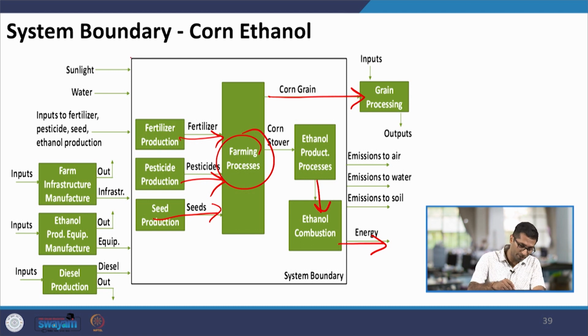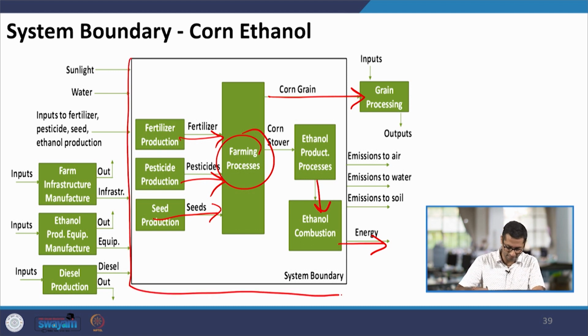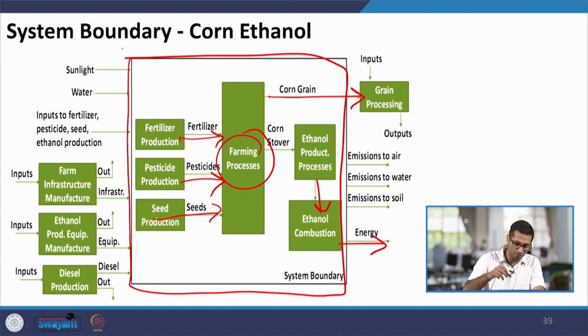So, the system boundary in this case has been highlighted again. We will be considering all the systems or all the processes that come inside this system boundary, and all the other things like the infrastructures are normally overlooked. One reason why they are not given much emphasis is that the likely impact of these kinds of interventions is expected to be very small.